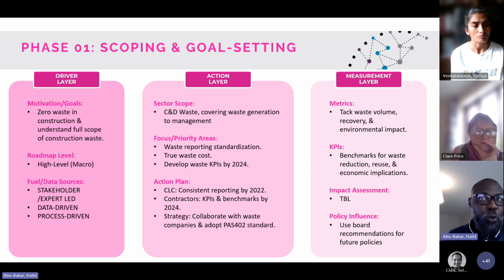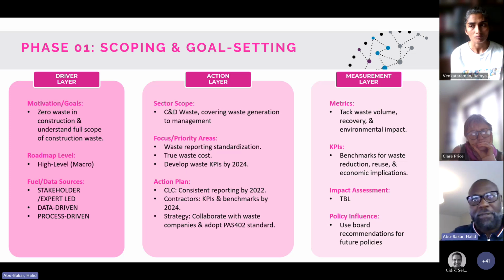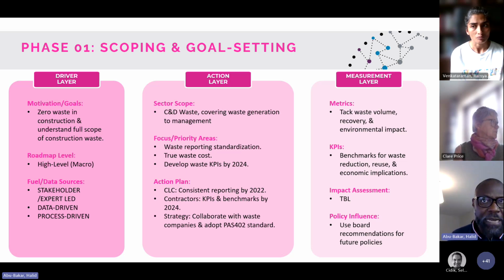And then what is the data source of the roadmap? So we looked at it as stakeholder and expert-led. It's also data-driven because there's a lot of dependence on environmental data, DEFRA provided data, Green Construction Board data, Eurostat as well. And then there's also a lot of process involved.